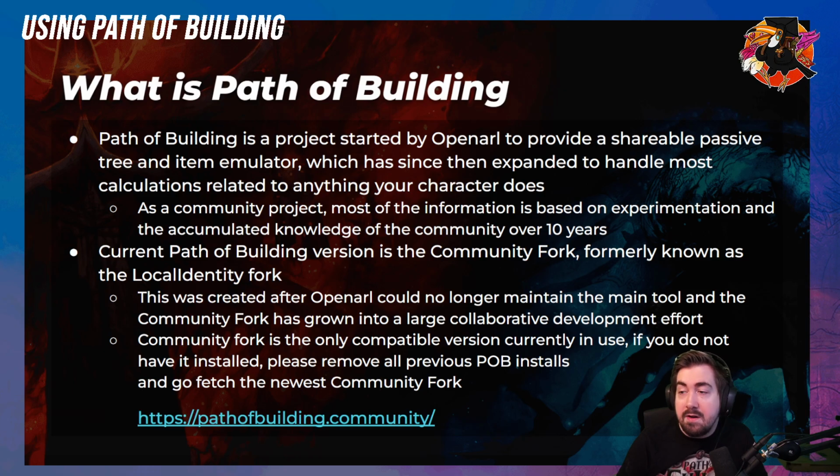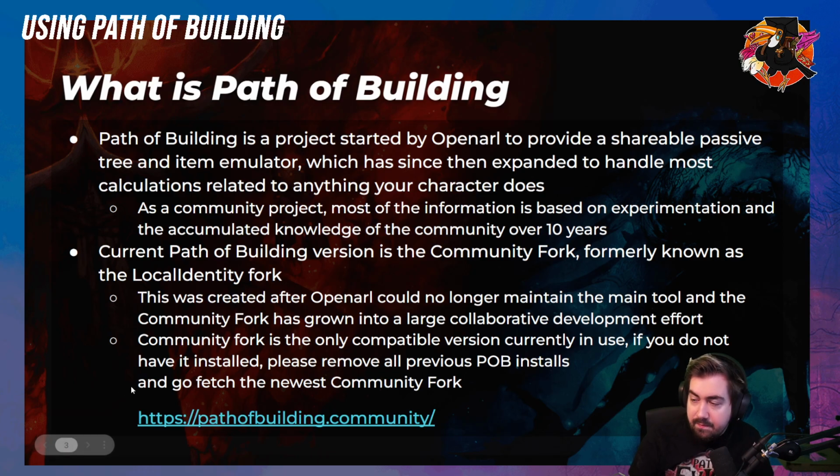So OpenArl, a bit of a dick, because he got hired by GGG, and now he doesn't have time to do PoB. He's not a dick, he's a great guy, but very selfish to get hired by GGG. But yeah, it is now the community fork, but a lot of people work on it. So they hire talented people, which is good.